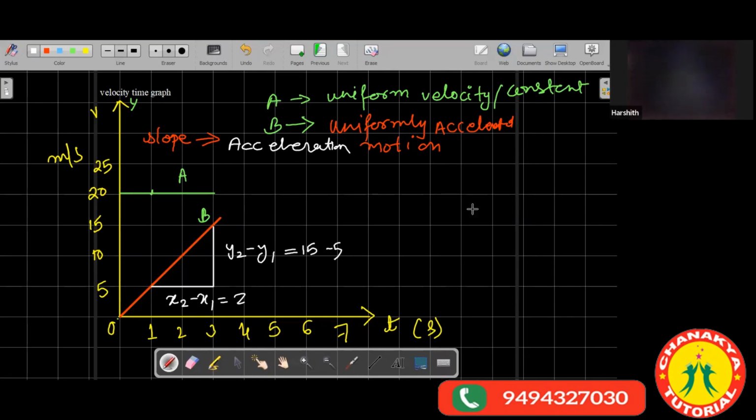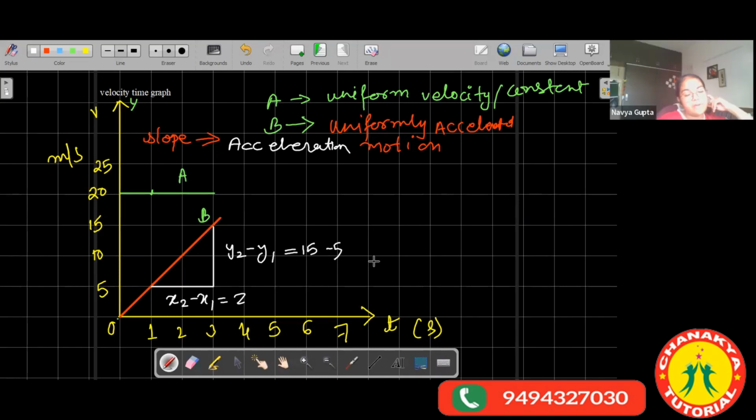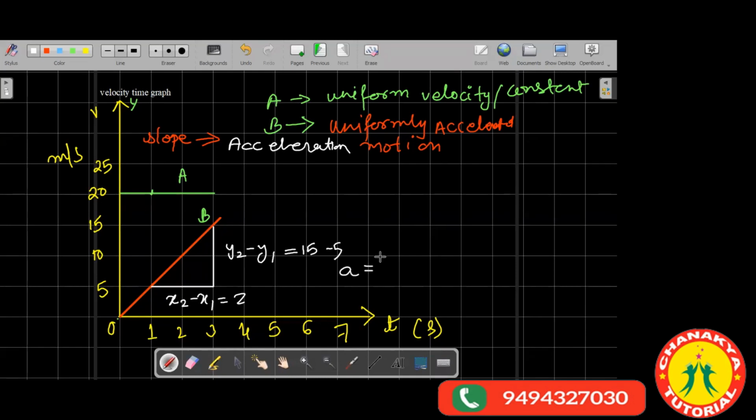Sir, is the acceleration 5? Yes, you have acceleration 5 meter per second square. You have acceleration as y2 minus y1 divided by x2 minus x1, which is 10 by 2, that is 5.